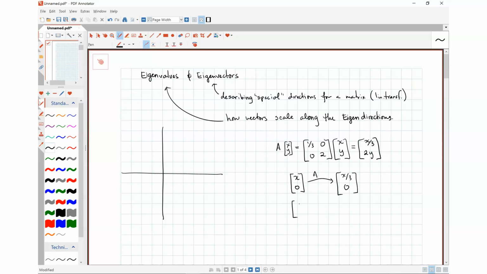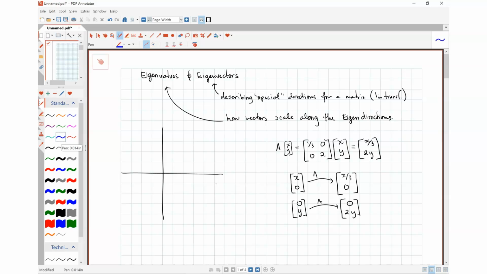And similarly, if I took a vector that only had a y value and multiplied it by A, the result would be another vector that only has a y value, right? The x value would be 0, because that transformation is scaling along x independently of how it's scaling along y.